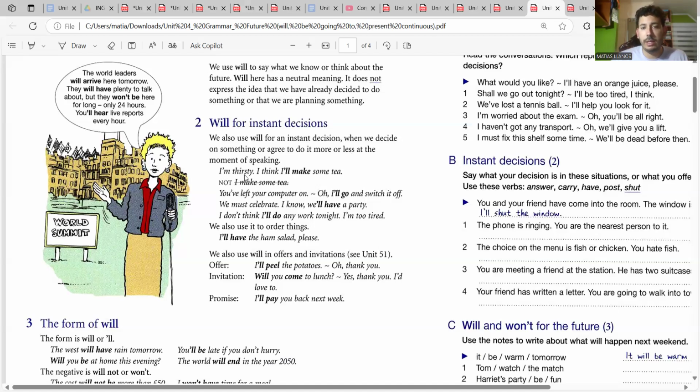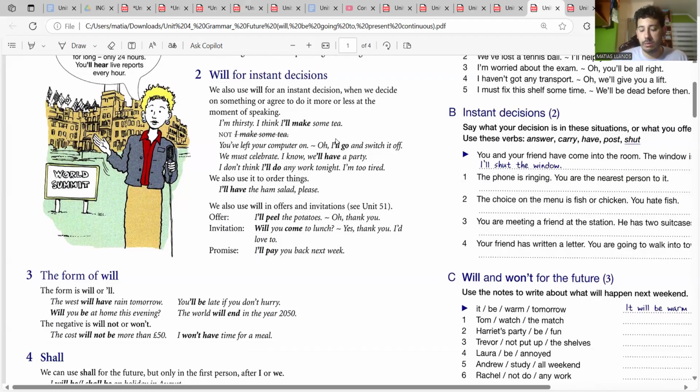For example, I'm thirsty, I think I will make some tea. You left your computer on, oh, I'll go and switch it off. I will go, you know, he's committing to it. That's the thing about the future, you commit to it with will.